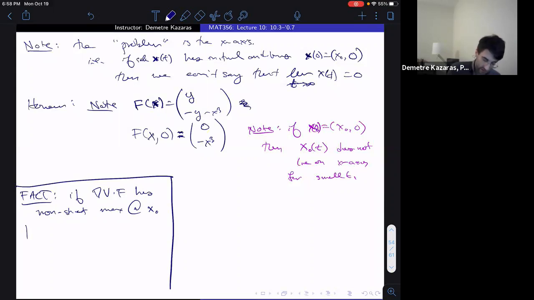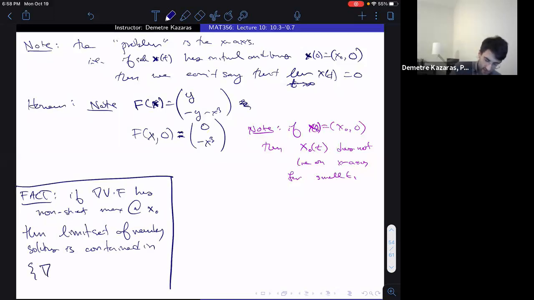So the limit set of nearby solutions is contained in the set of points where the gradient of V dot F is 0.